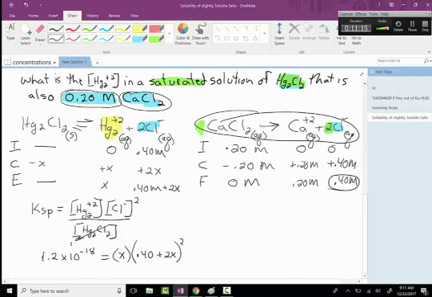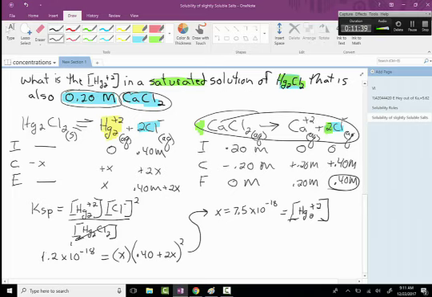So when I solve that, I end up with x equal to 7.5 times 10 to the minus 18th, which is equal to the concentration of mercury 2+2. In this case, it's also the solubility of the mercury chloride, but I didn't ask for that. So read your questions carefully.